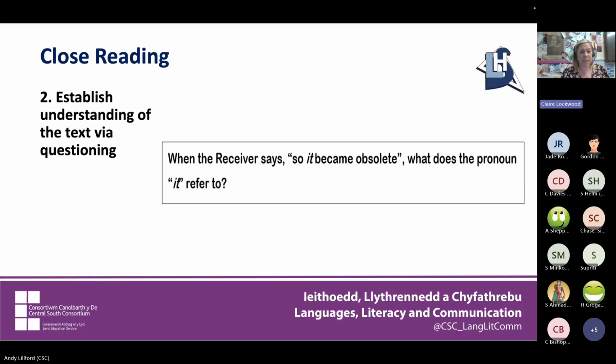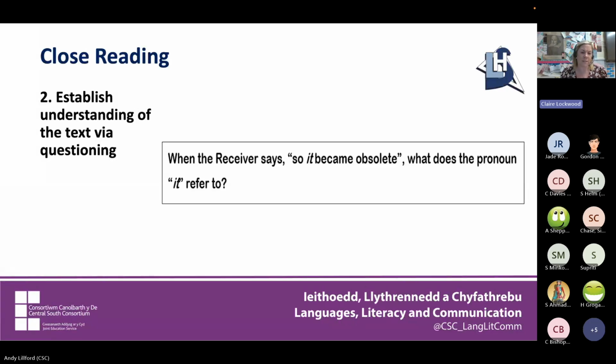Okay, what we would then do is questioning. Now, this isn't from that text, but it's another example. We establish an understanding of the text via questioning, and pronouns I think are such an important part of a student's understanding, but sometimes something that we overlook, particularly when we are competent readers ourselves. So this is from a book called The Giver that we do in year 8, and the Receiver is a character.